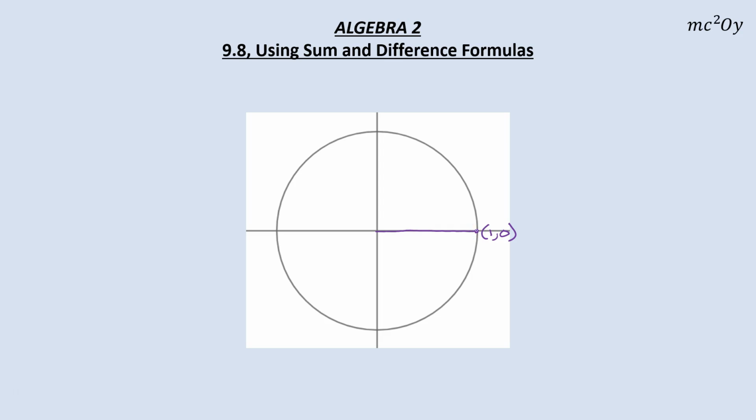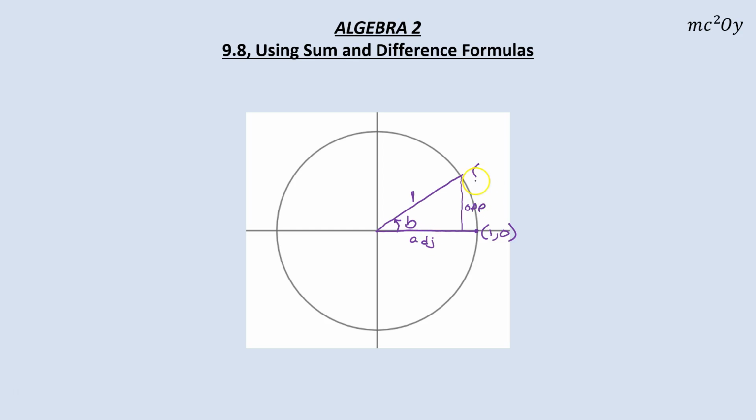All right, and let's say we sweep out an angle here, we'll call it B. So from here to here is B, and that gives us the ordered pair. Hopefully by now you know that this length right here is the adjacent side. This radius is 1. This is our opposite side.